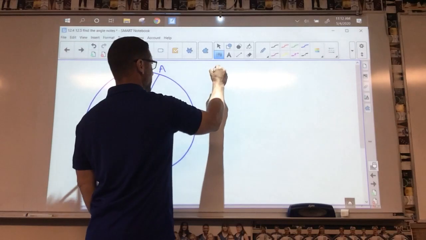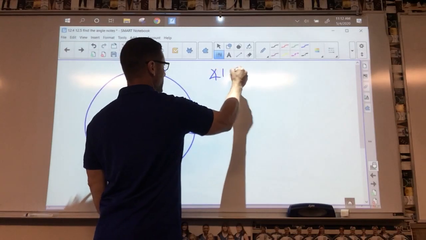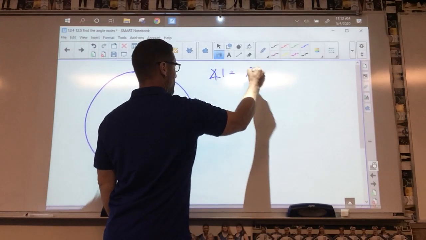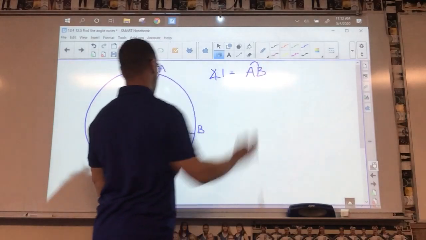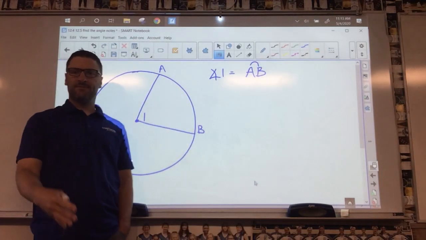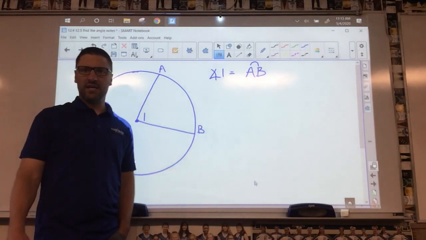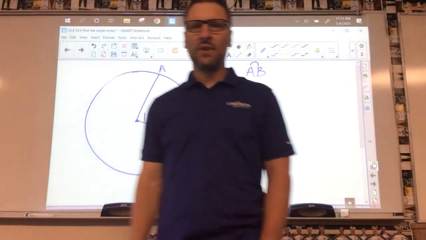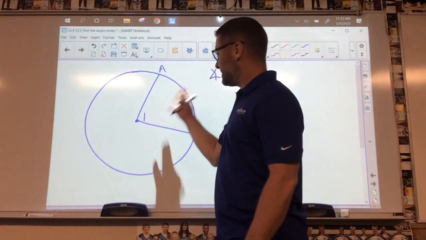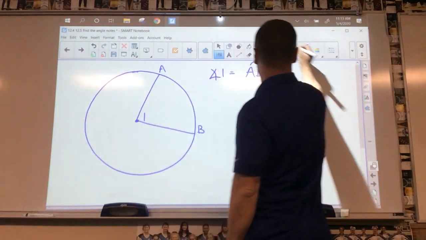And our rule was that angle 1 is equal to the arc AB. So if angle 1 was 88 degrees, arc AB would also be 88 degrees, and vice versa. Now we're going to add in this piece of information.